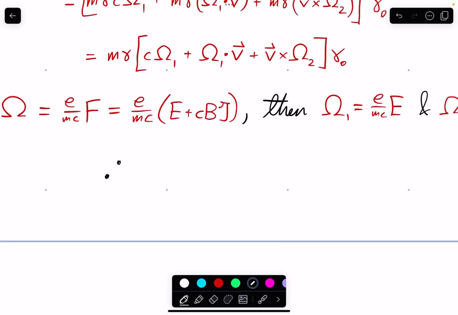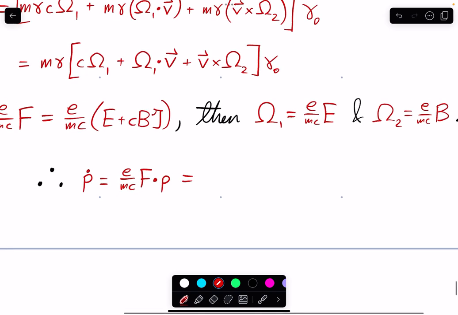So therefore, the Lorentz force, which is equal to E over mc F dot P, this is going to be m gamma.